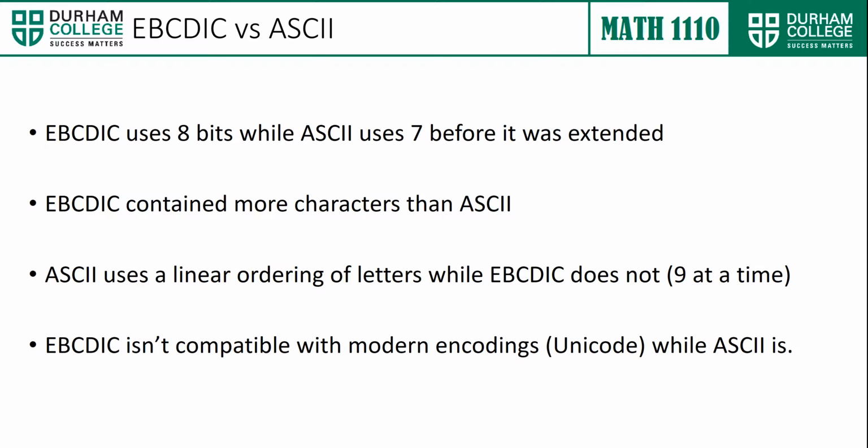Another thing is that EBCDIC isn't really compatible with some of our modern encodings, for example Unicode, which we're going to be talking about after this. But we need to know that ASCII is compatible. So EBCDIC you can think of as a technology that is not so much used anymore, and it wasn't even maintained that well.